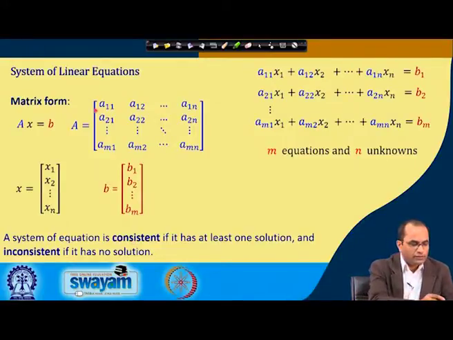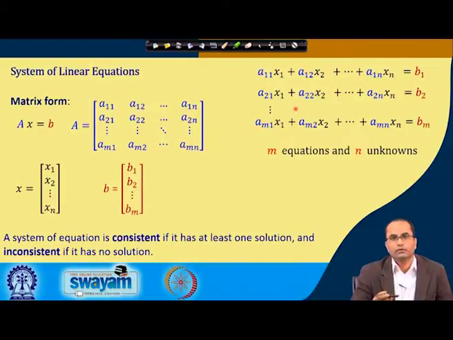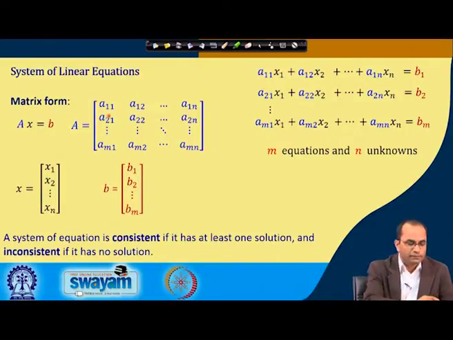Getting back to the matrix form, this is easy to understand. We have this matrix A and this x. If we multiply A and x, we get another vector whose first component is the left hand side of equation 1. The second component of the vector Ax is the left hand side of the second equation, and so on.